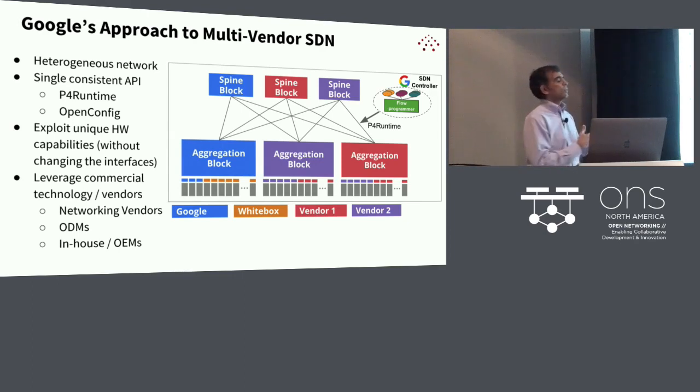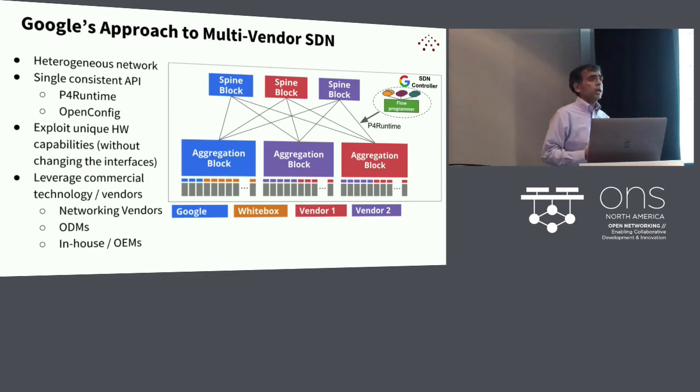We would have to rewrite the switch stack, which means rolling out new software to thousands of switches, so now your rollout to production is a weeks, if not months long affair. So how do we bring in new switches with new interfaces which don't tie into maybe OpenFlow or any of the interfaces that we're familiar with?